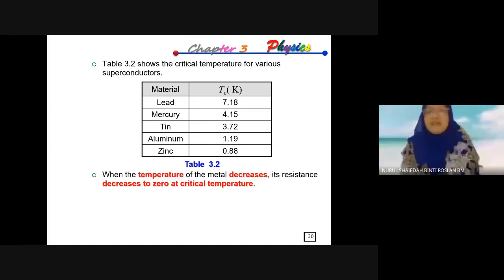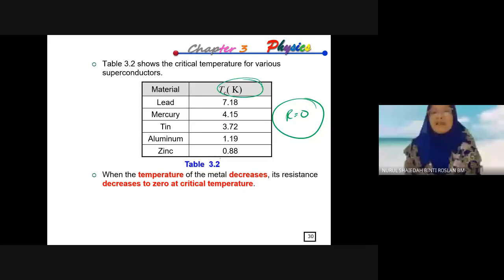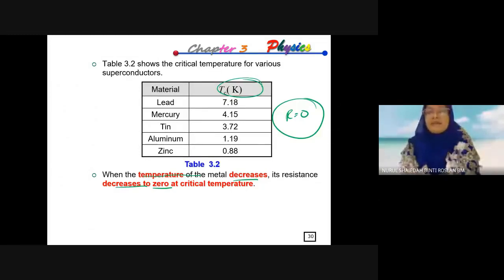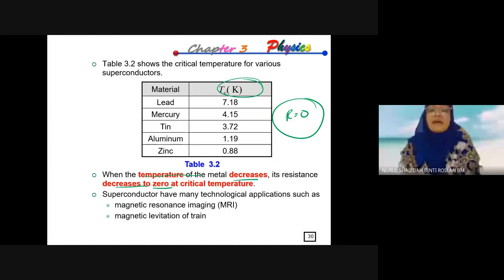Okay, maksudnya dia boleh dapatkan R sama dengan zero kalau you dah capai critical temperature. When the temperature of metal decrease, the resistance decrease to zero at critical temperature. Sebab selalunya kalau metal biasa, R tak akan zero. So resistance you akan sentiasa ada. Tapi untuk superconductor, you can decreasekan R sampai zero kalau you telah capai critical temperature.